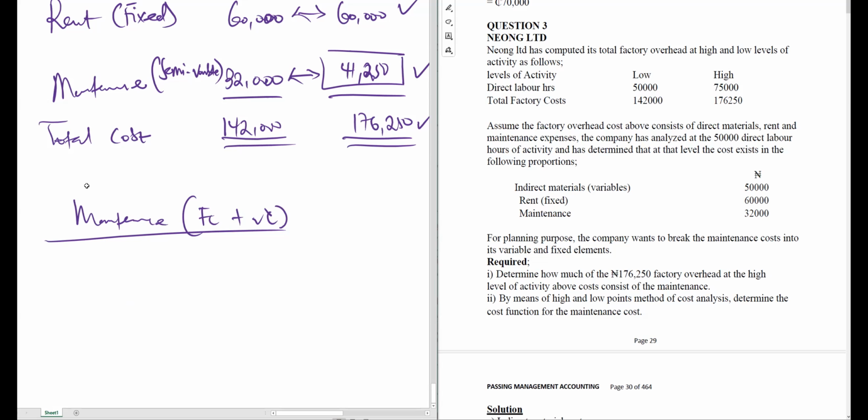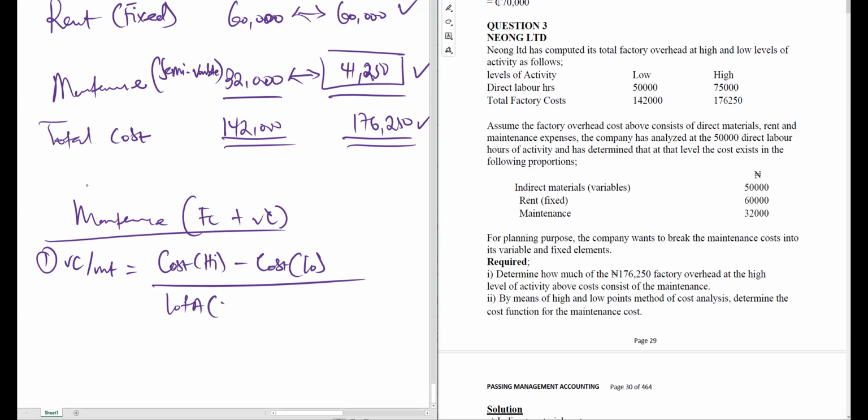We determine our unit cost by using the high-low method. Okay, so the first step is what? Our variable cost per unit, right? Which is our maintenance cost at the high level minus our maintenance cost at the low level, all over the change in level of activity, not so?